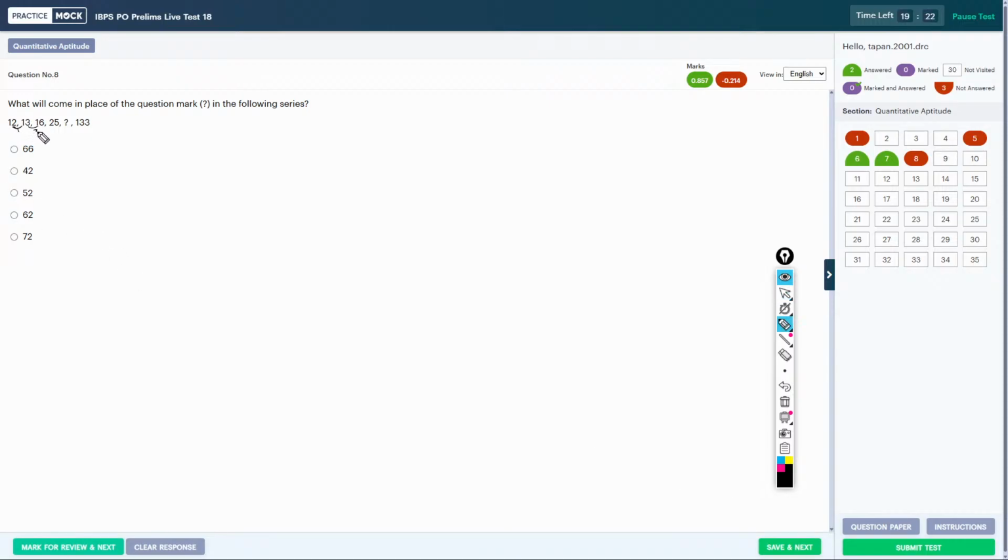Then also 1, 3, 9. Into 2 plus 1, into 1 plus 2, into 2 plus 3, into 3 plus 4, 27, 31. So 56 is not an option, right? So I'll skip it. Divided by 2, divided by 3, divided by 4, 30 divided by 5.